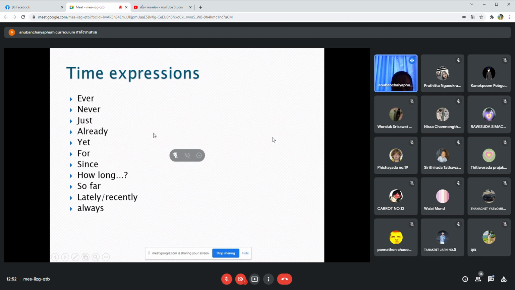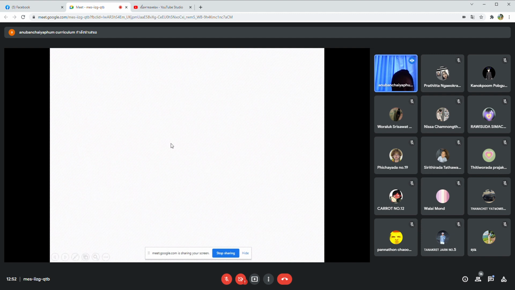But don't worry about it. We will not make sentences, but we will identify how to make it into a present perfect tense. Here, the time expressions already and yet. We will focus on this one because this is what we are going to use on the next days. Okay, already and yet.